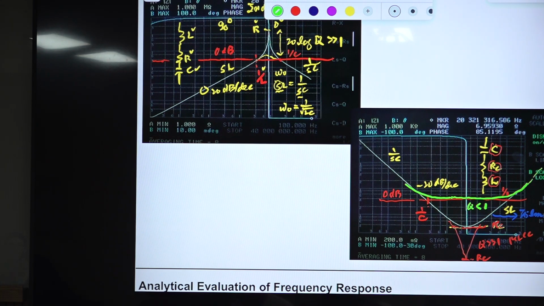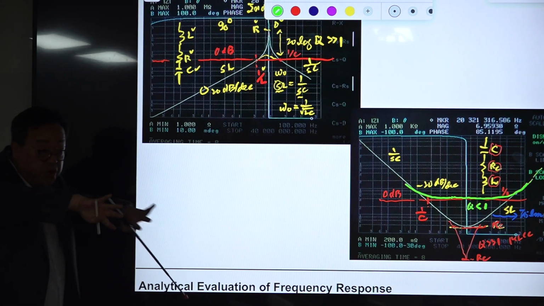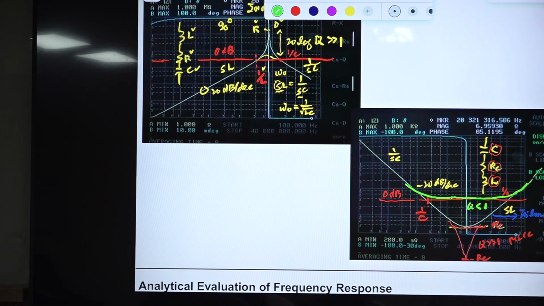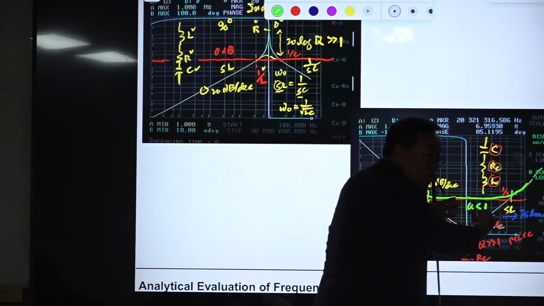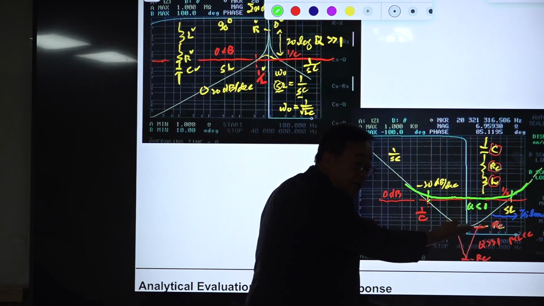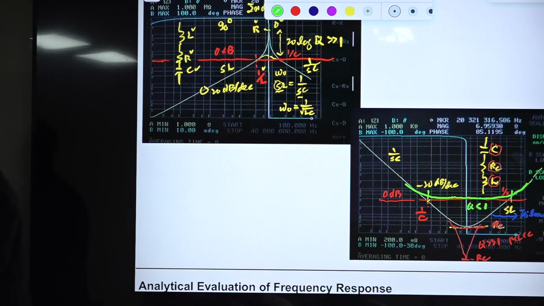The one double pole splits into two poles, and one pole is here and another pole is here, and the split occurs at equal distance. This is a semi-log scale, so on the screen the length of this should be the same as this.